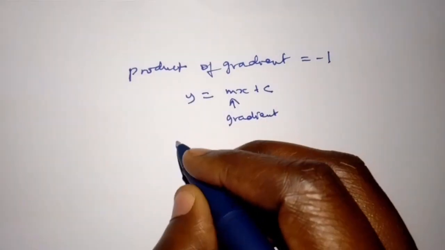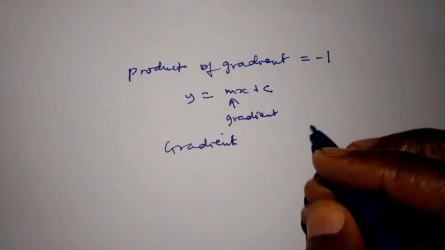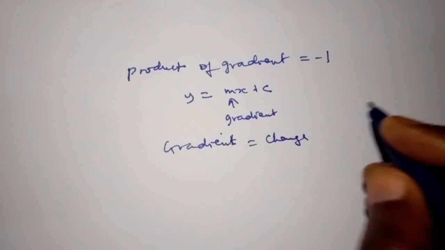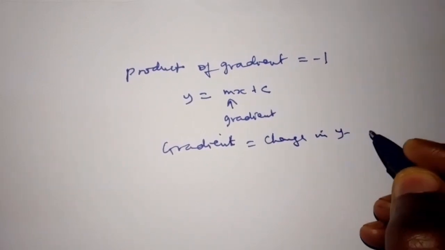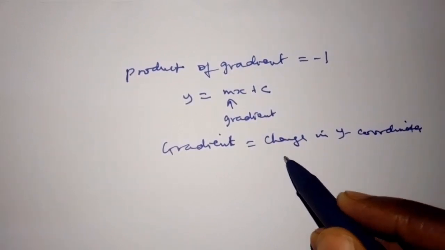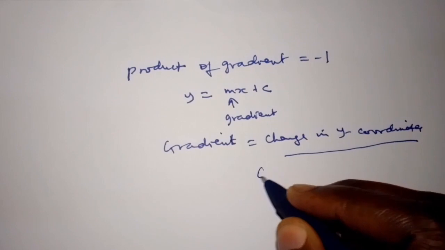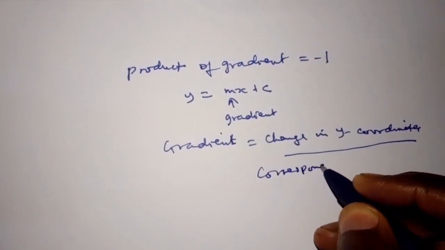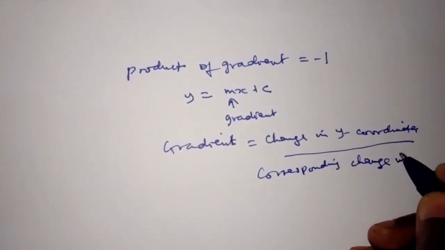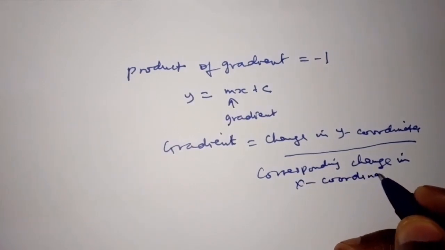Gradient is given by the change in y coordinates over the corresponding change in x coordinates.